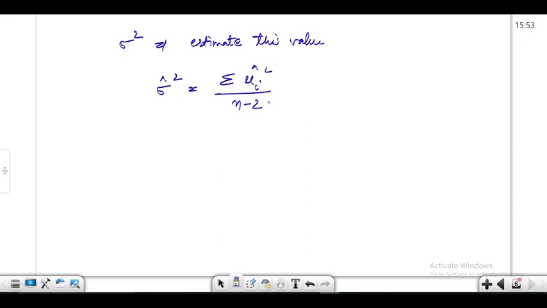From this I can estimate sigma square, and using this I can find the variance of beta 2 hat and beta 1 hat, because this is the term given in the formula. So why are we using n minus 2 as the denominator here?